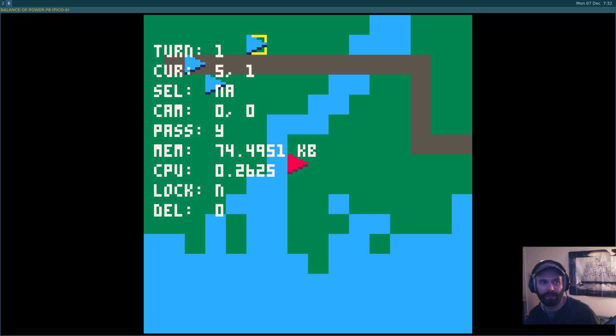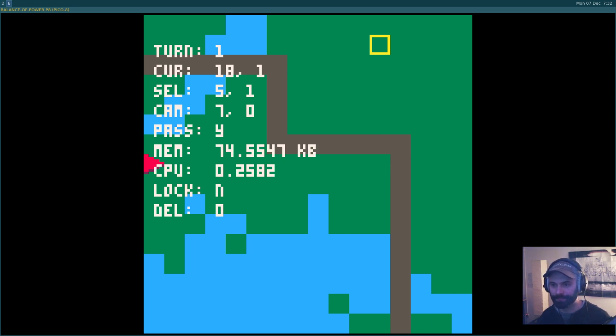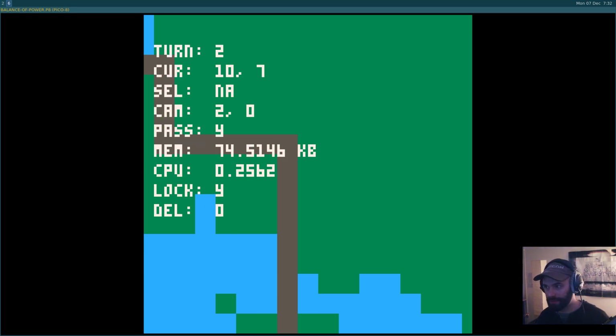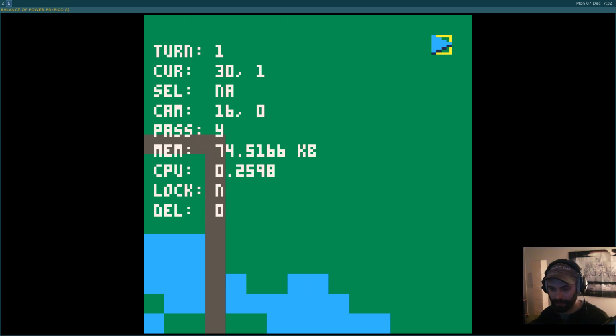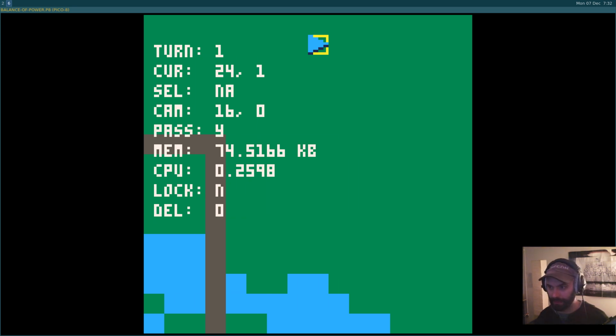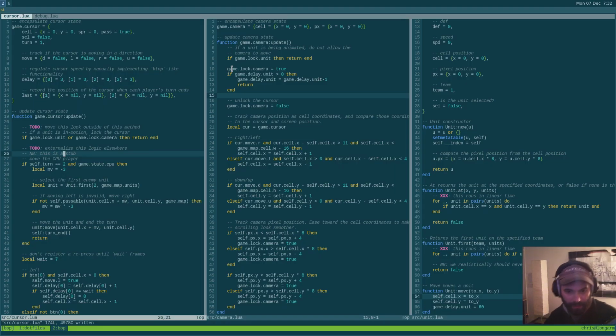Wait, is it the cursor moved before the camera did, and that's sort of not ideal. So we move, pause, move. I think he moved too early, didn't he? Move, pause. Yeah, he's moving too early. And also, he just clipped out of bounds. I don't really care about that, though.